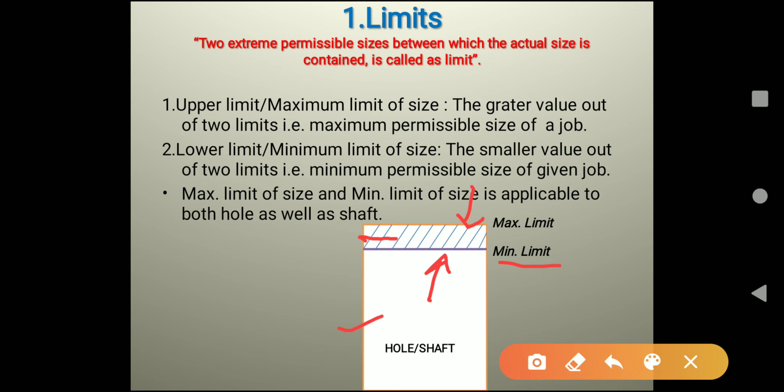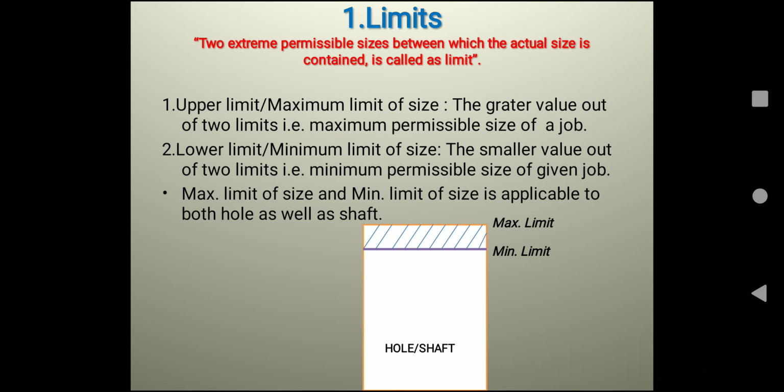So maximum limit of size and minimum limit of size are applicable to both hole as well as shaft. This is the concept of maximum limit and minimum limit. Also the tolerance definition says that the tolerance is equal to the difference between maximum limit and minimum limit. So it is the tolerance zone.